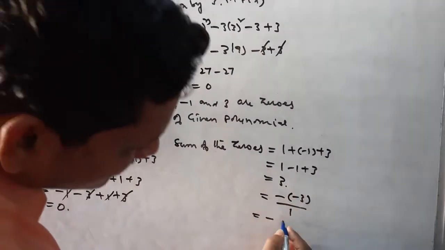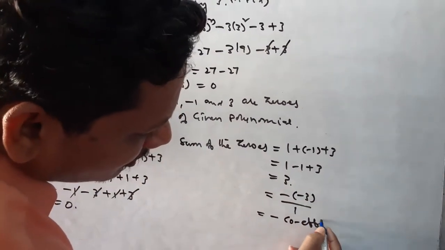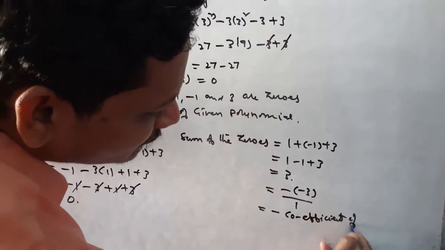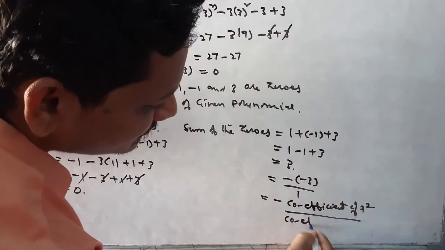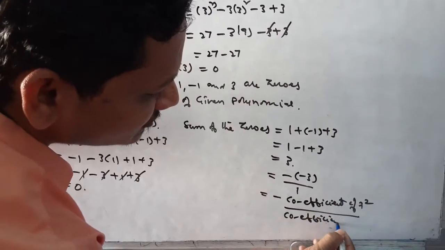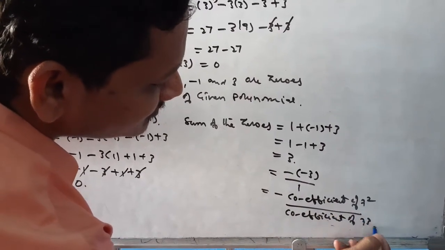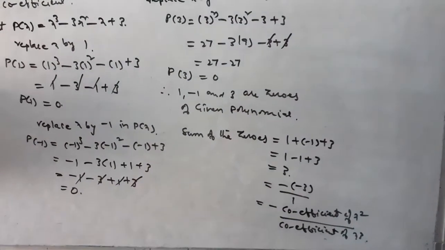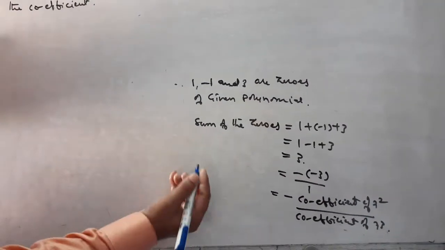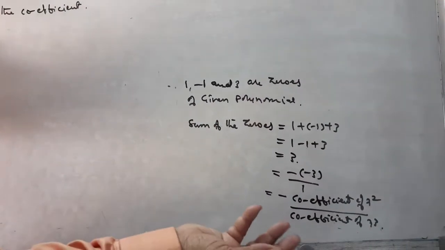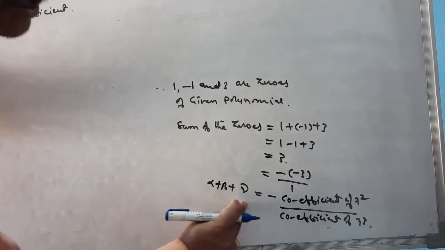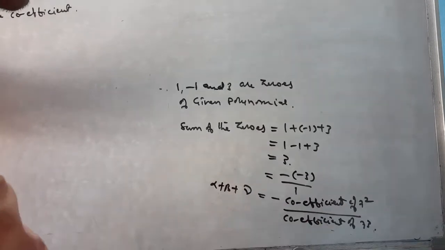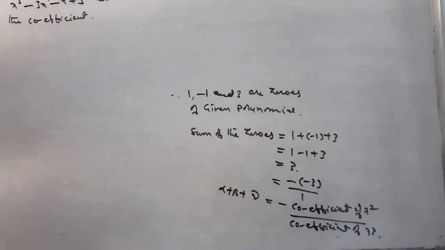So 3 we can write as minus coefficient of x square by coefficient of x cube. So if alpha, beta, gamma are the zeros, then alpha plus beta plus gamma is equal to minus coefficient of x square by coefficient of x cube.